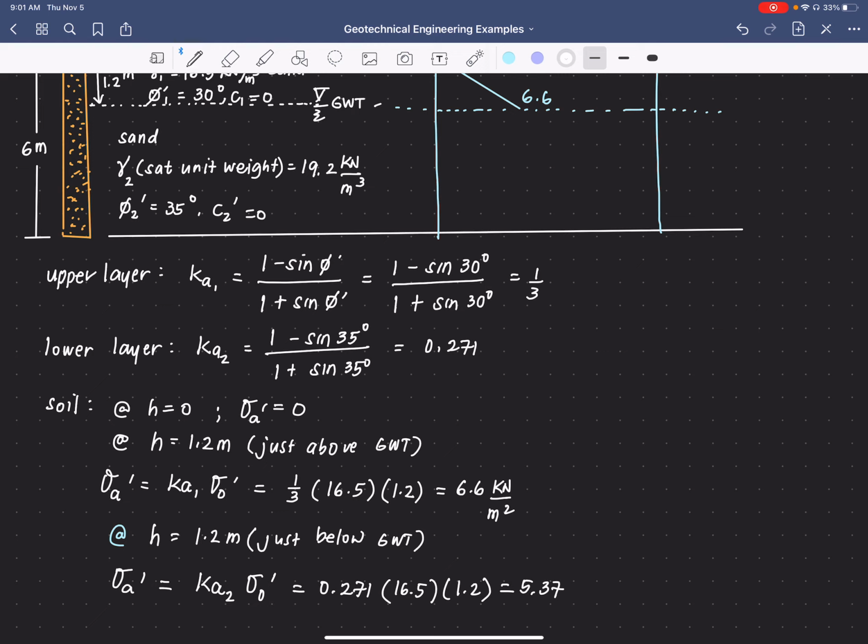Okay, so going back to the pressure distribution, we have to record the 5.37, so this portion. Then we have, let me just write it in here.